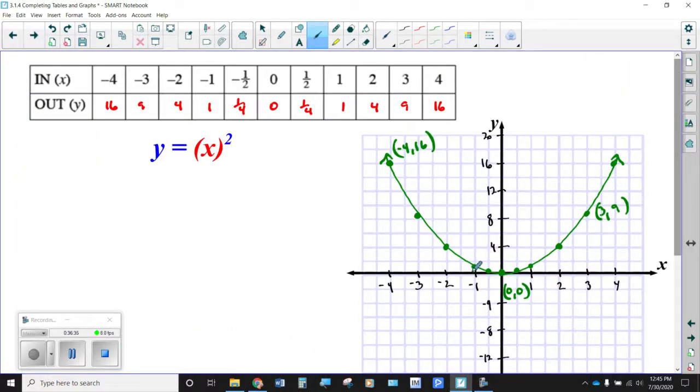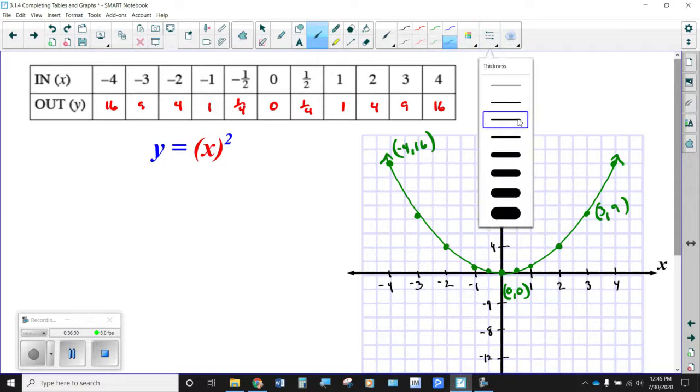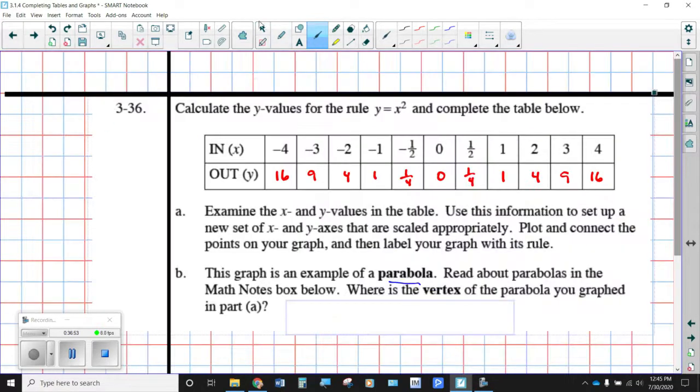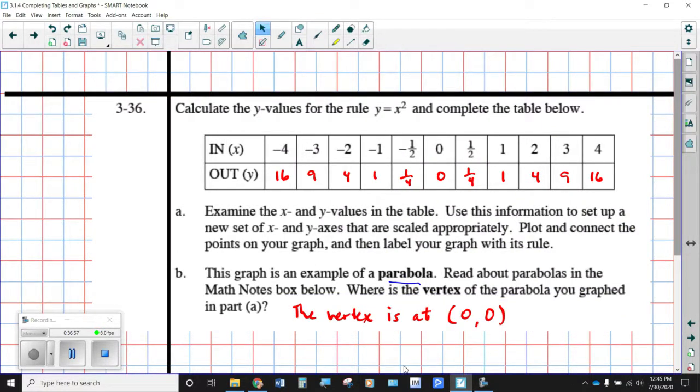Remember from our vocabulary at the beginning, the vertex is the point that is either the highest or the lowest point in your parabola. So the parabola comes down to 0, 0, which is its lowest point before it rebounds and starts going back up again. So our vertex for this particular parabola, for this graph, is at 0, 0.